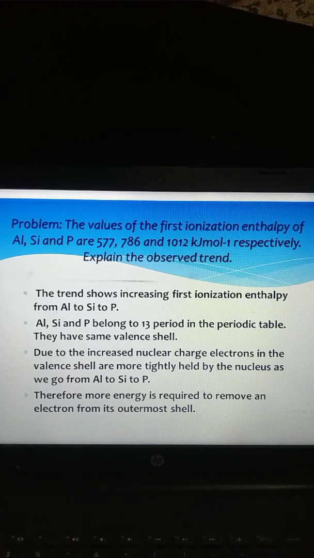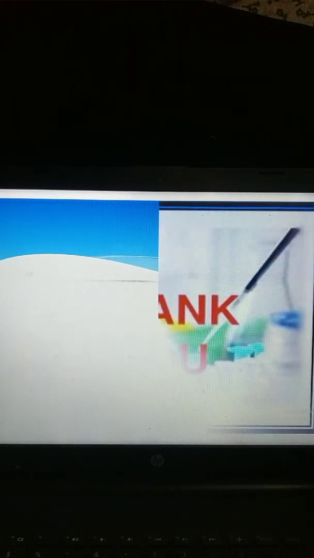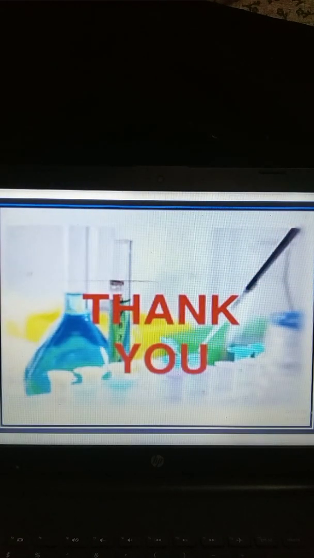But here, they are tightly held, and since they are tightly held, you will require more energy to remove the outermost electron from the shell. This was about the problem, and in today's session on elements of group 13, 14 and 15, we have seen the physical properties and the problems based on it.